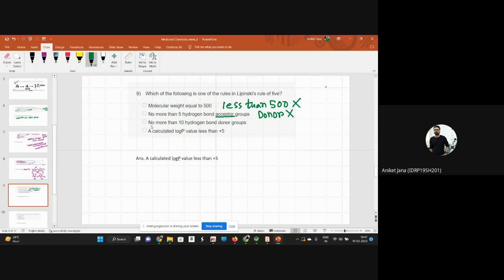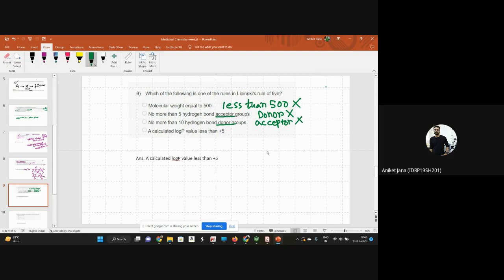And in the third one, it is written that no more than 10 hydrogen bond donor groups. It should be acceptor group. Yes, this is reversed. This one and this one are reversed. So all the past three statements are wrong.